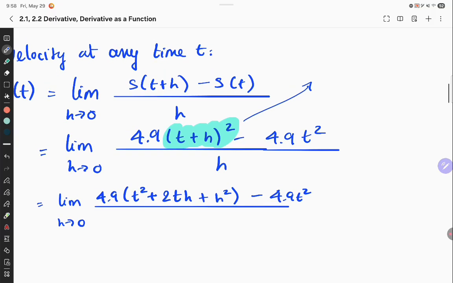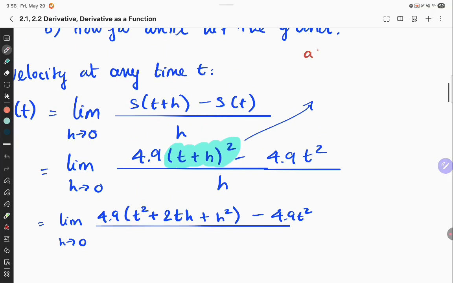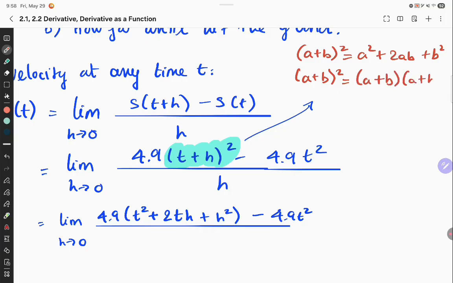Recall this formula: perfect square, the square of a sum. That's what I just used. If you don't recall that, then you can do this, and just distribute term by term. You will end up with this one. So that is what I did over here.